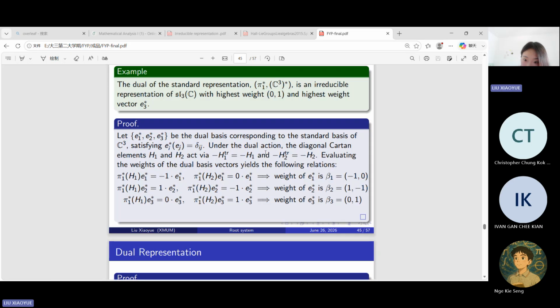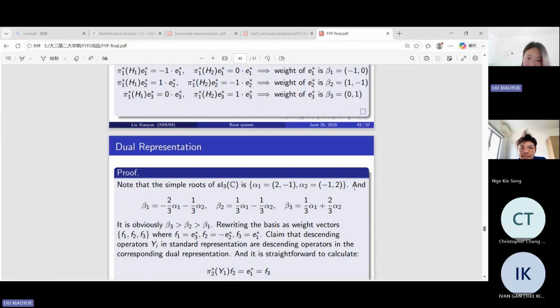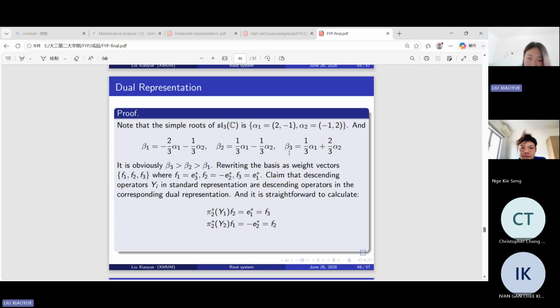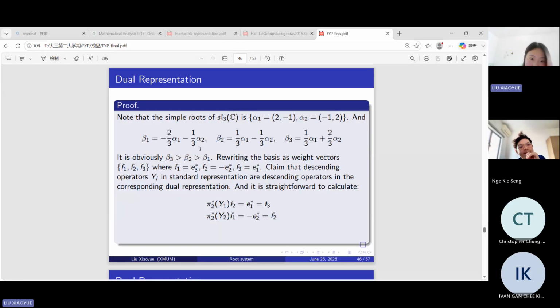So under the dual action, the diagonal Cartan elements H1 and H2 have these relations. Then we can evaluate the weights of the dual basis vectors. We get these three relations, and then we can define beta 1, beta 2, and beta 3. And we know beta 3 is larger than beta 2, which is larger than beta 1.